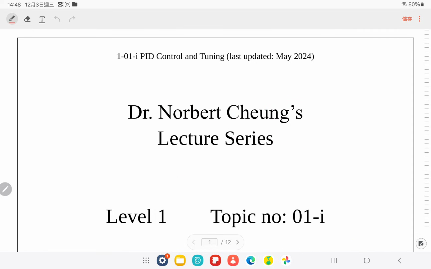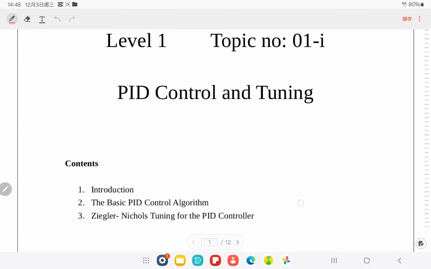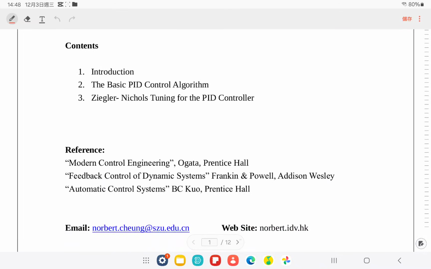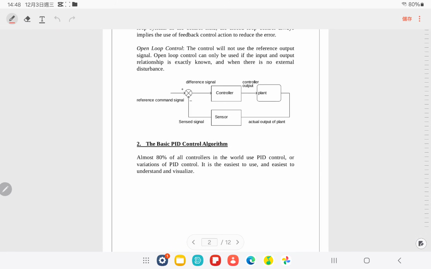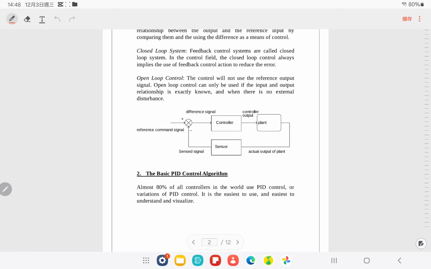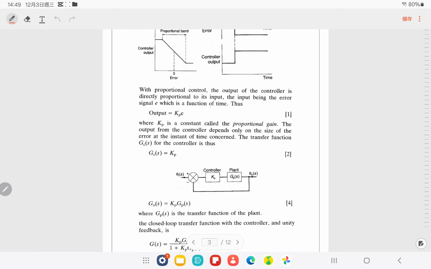So next we go to PID control and tuning. Why is it important? Because it's in most of the controllers we know nowadays.